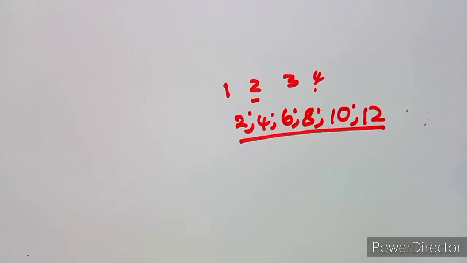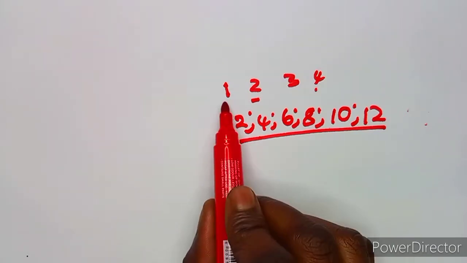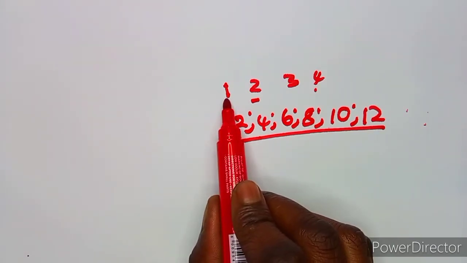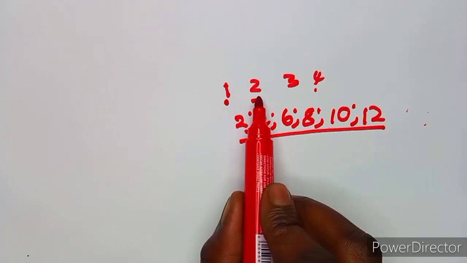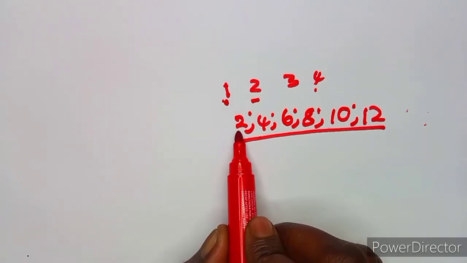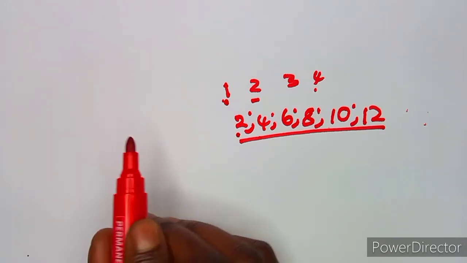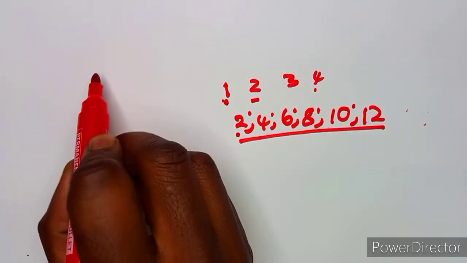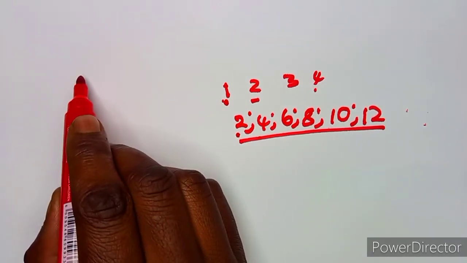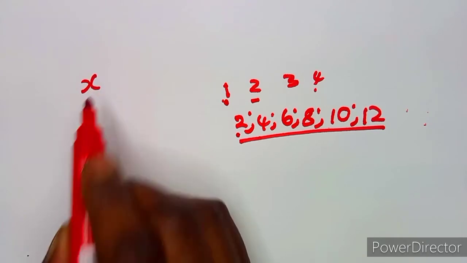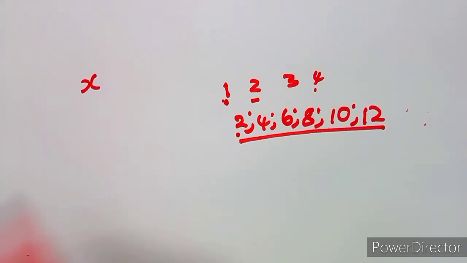Okay, so there is something that I want you to take note of. 1 is not an even number, it's just an odd. So if you multiply 2 times 1, you obtain 2, which becomes an even number. So let's say we want to obtain an even number in this case. Let's say our number is x, which is not an even number, just like 1. Let's say that is our first term that we're talking about, x.